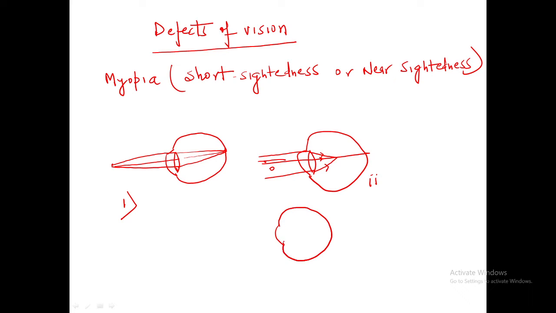And the third situation is, this is our eye, this is a convex lens, and here we have put a concave lens. Here it is the object, and after refraction it is getting parallel.